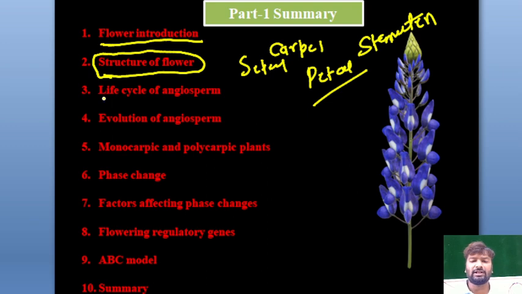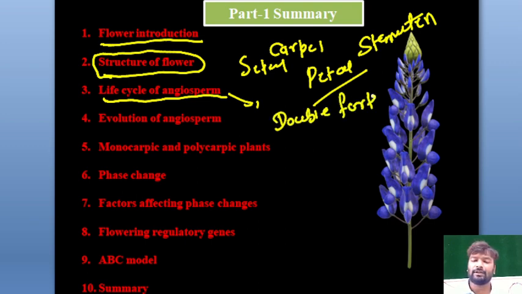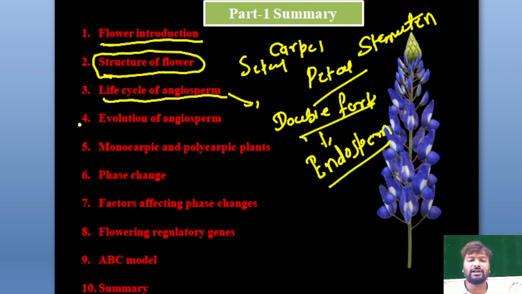Then we have discussed the life cycle of angiosperm, how the double fertilization takes place and how the formation of endosperm takes place. Then we have discussed the evolution of angiosperm, how the angiosperms evolved from the primary gymnosperm or primary basal angiosperms.